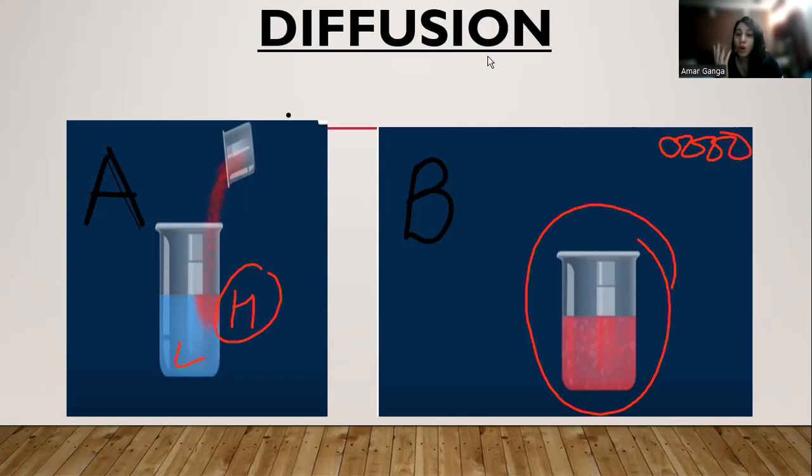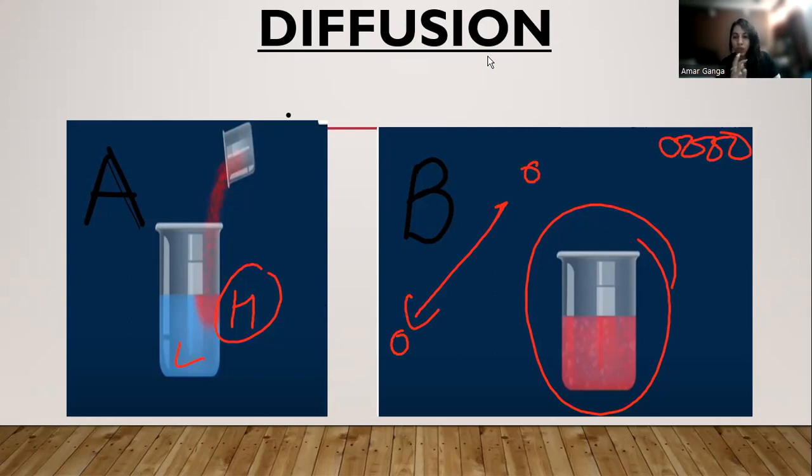And when we compare all three states, solid, liquid, and gases, gases show more diffusion as compared to solid and liquid, because gas particles have more distance between them. Okay, so this is the reason that diffusion occurs in gases more and diffusion occurs faster in gases as compared to solid and liquid.